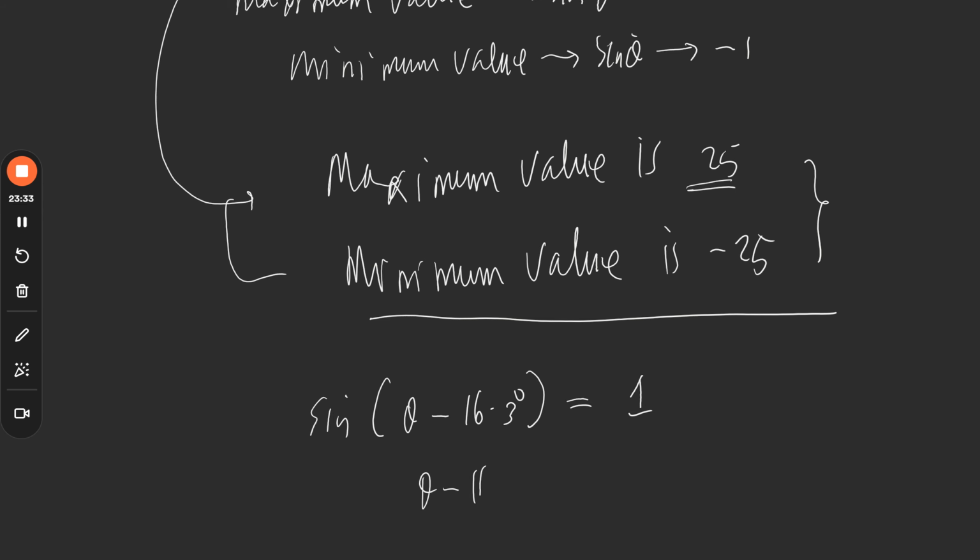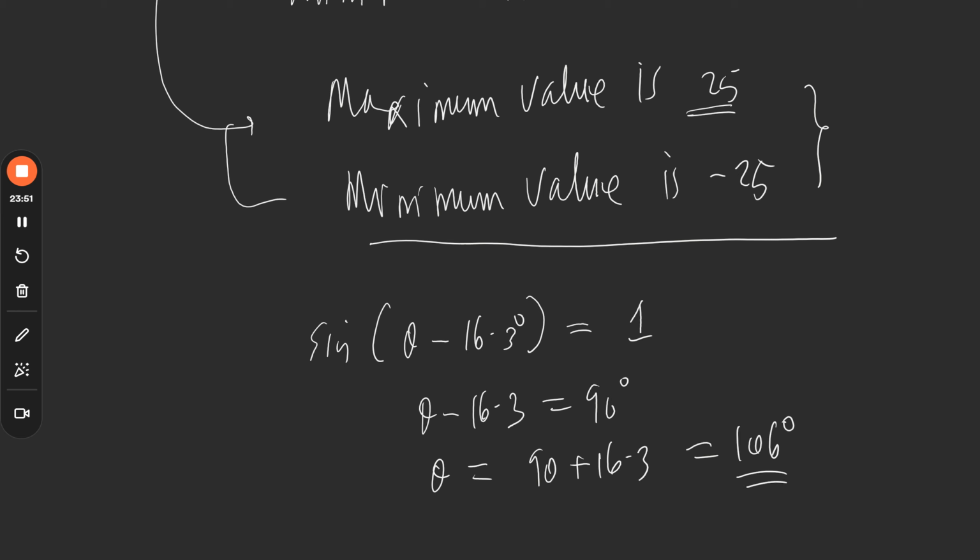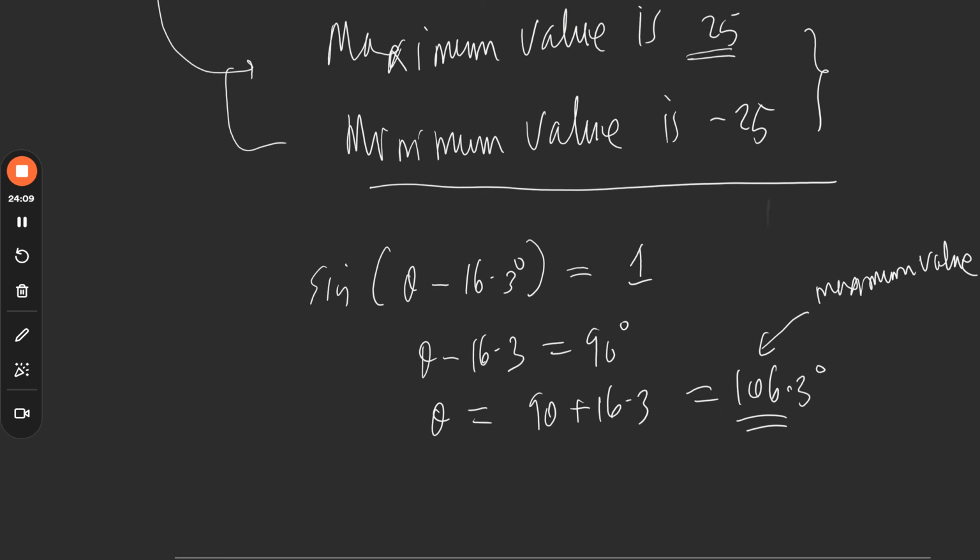So theta minus 16.3 equals 90 degrees. So theta will be 90 plus 16.3, which is 106.3 degrees. This is the angle which will give the maximum value.